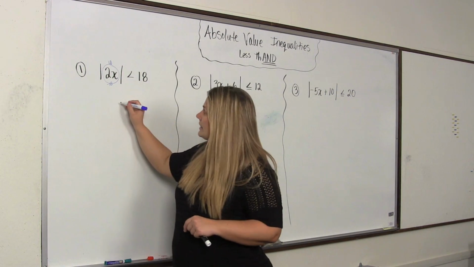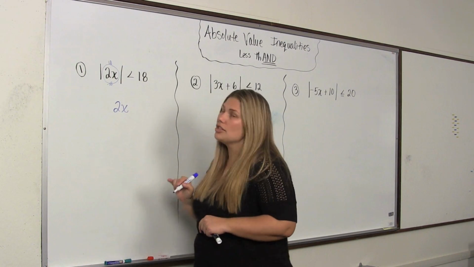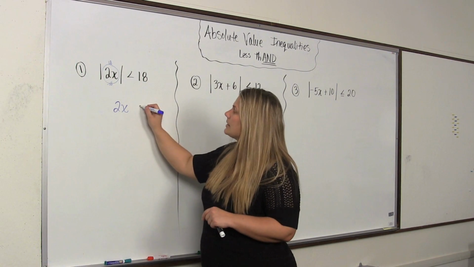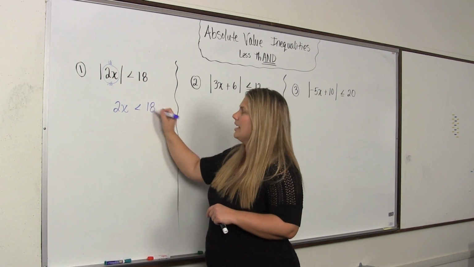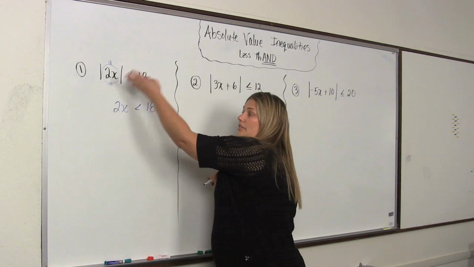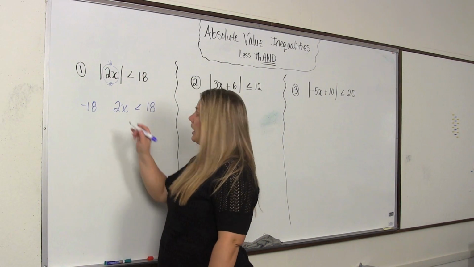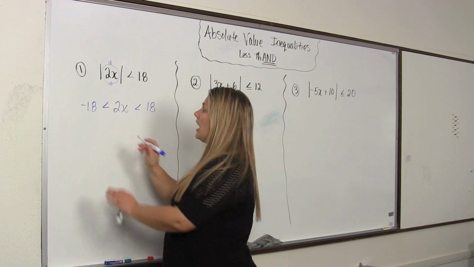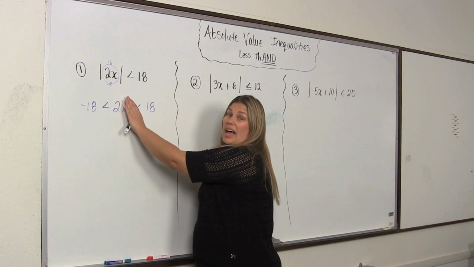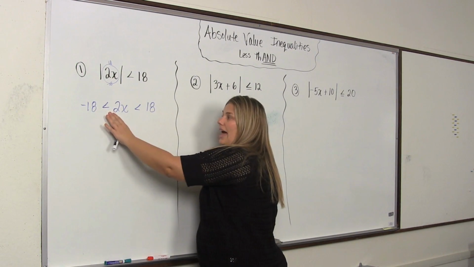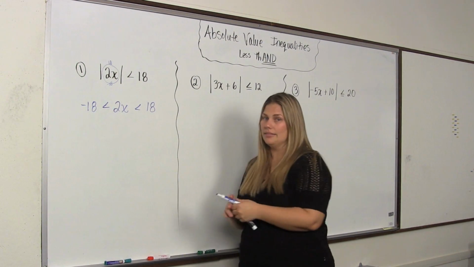So inside these absolute value bars, they have that 2x, and that 2x, instead of being equals, in this case it's an inequality, we're going to put that less than. But on the other side, we're going to put negative 18. And remember, if I cover up what's in the middle, this should actually be true. Negative 18 is less than a positive 18.